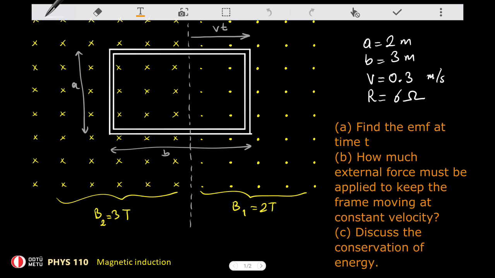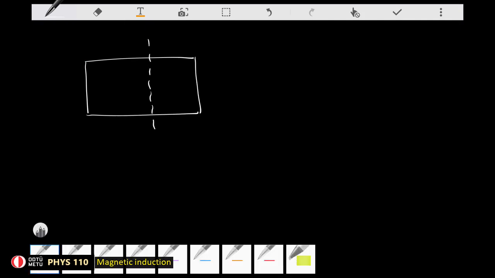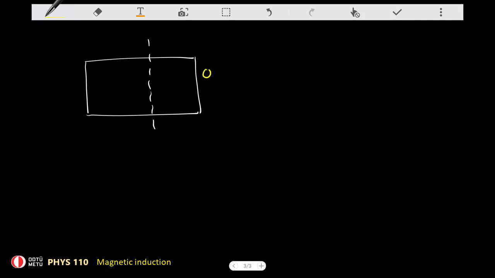we are asked to find the forces that are applied. So let's just draw these again. Let's just remember that at this point the magnetic field is towards us. At this point the magnetic field is away from us. So there's a current flowing in there.